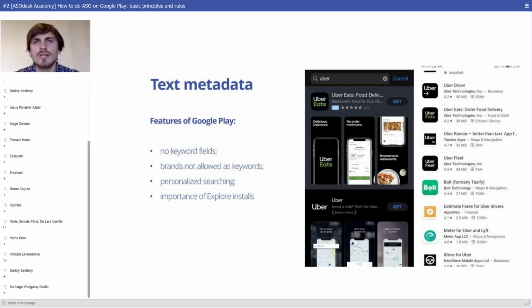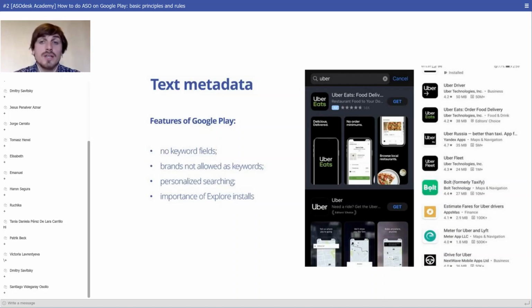Normally on App Store, developers and ASO practitioners use branded keywords in the keyword fields, and I think that's normal practice. And on Google Play, that doesn't work like this, from the legal and from the practical point of view.